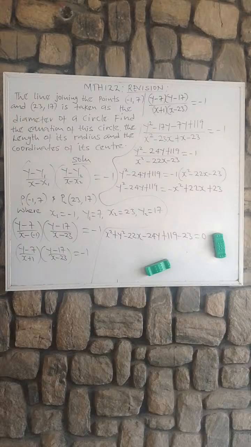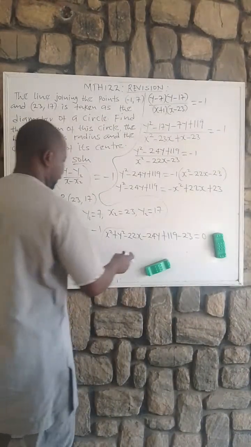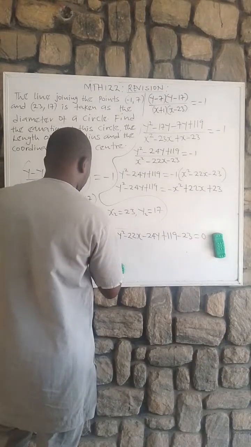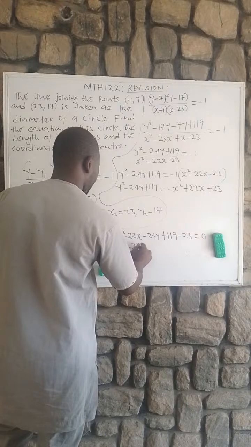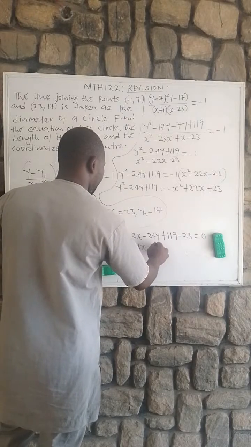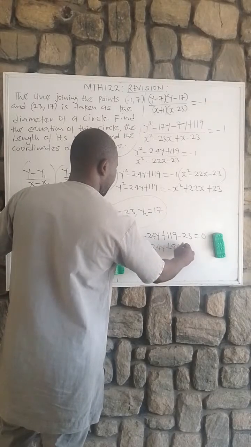Okay, so we can proceed to write that this one minus this, we are going to have 96, right? So x squared plus y squared minus 22x minus 24y plus 96 equals to 0.